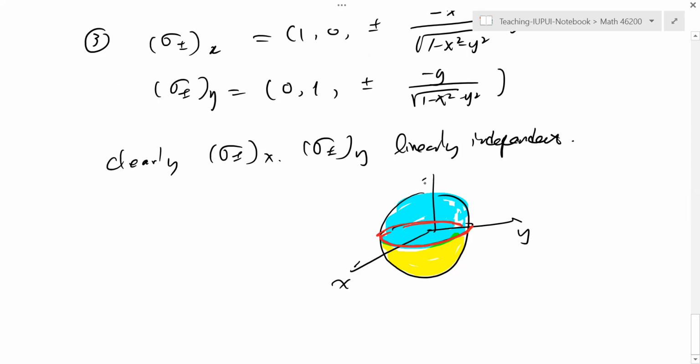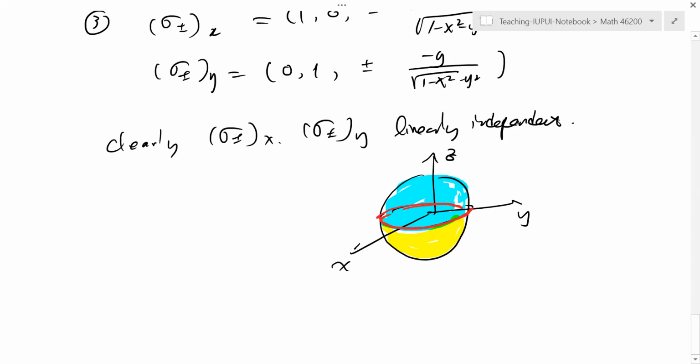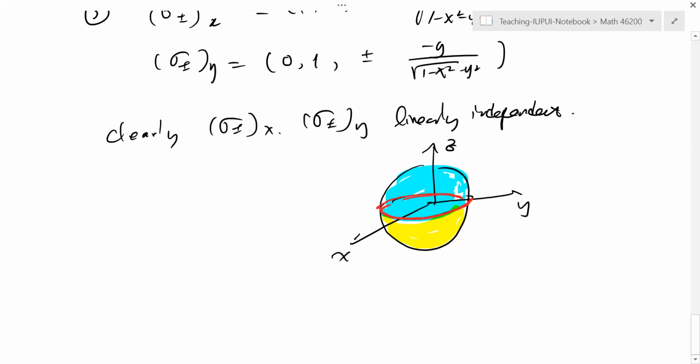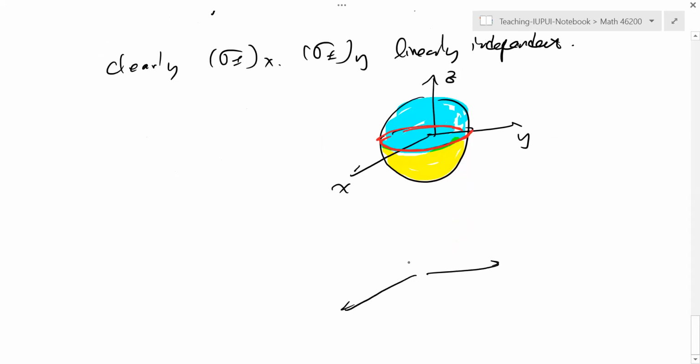So if every point on the sphere is to be covered by this kind of map, I have to define other maps. I can try this one. I still take the sphere, but let's go this way. You divide the sphere into two parts, but using the plane going through x, z, instead of the xy plane.